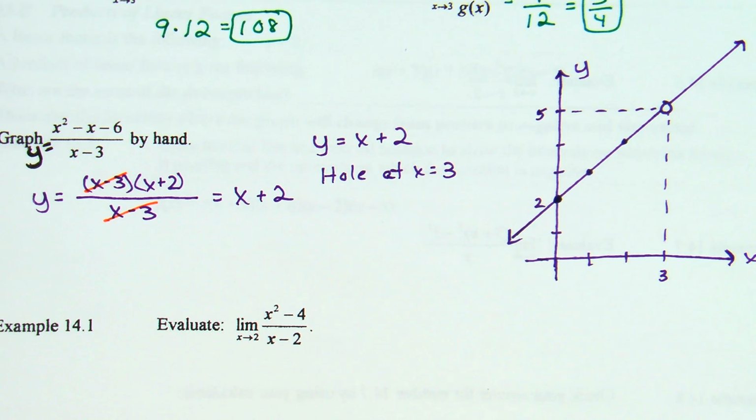And that's the answer, 5. Okay. Does my graph have to officially exist there? No, this limit exists because both graphs are going towards 5. Okay? Yep. The left and the right, the two limits are equal.